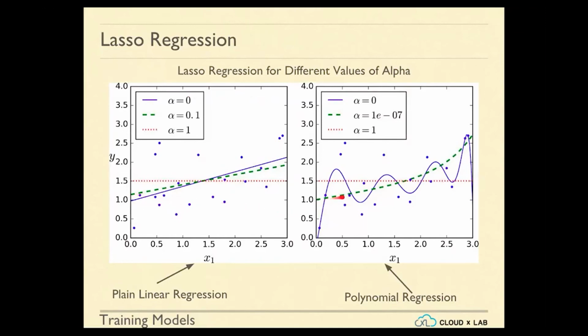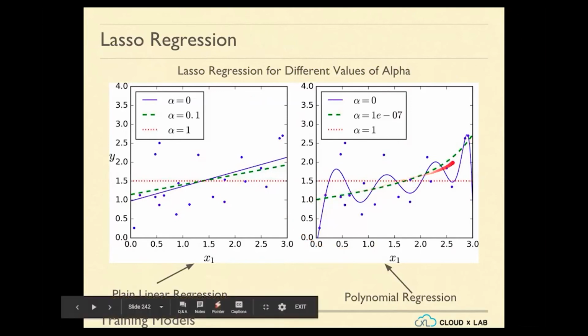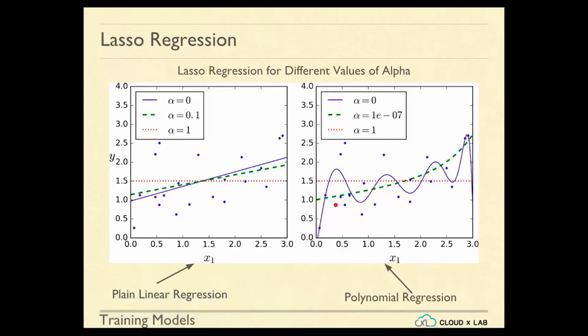You can see that by comparing this polynomial regression with lasso regularization. So if the degree of freedom increases, this is what happens.